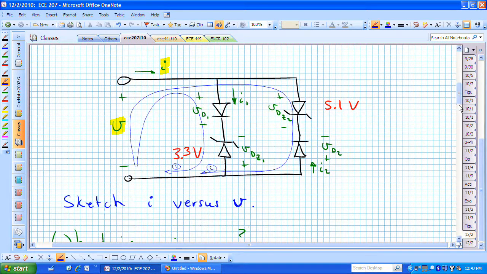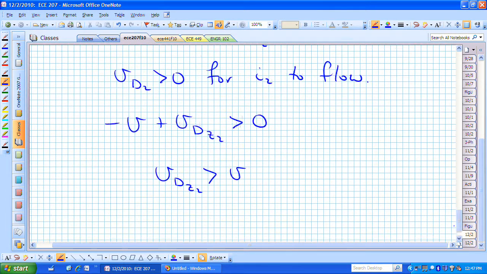The way that we have this configured, if we're trying to make I sub 2 flow through that right side, then the only way that's going to happen is if V sub D sub Z sub 2 is reverse biased enough to be at its breakdown voltage, which is minus 5.1 volts. So if we want current to flow, this left-hand side is going to be minus 5.1 volts.